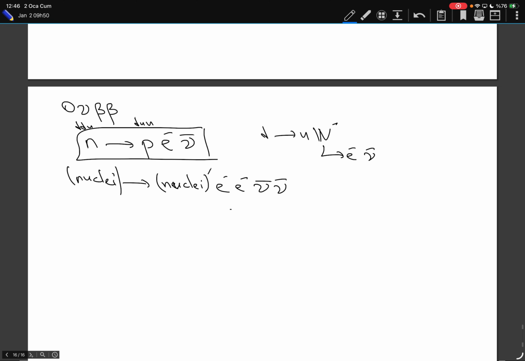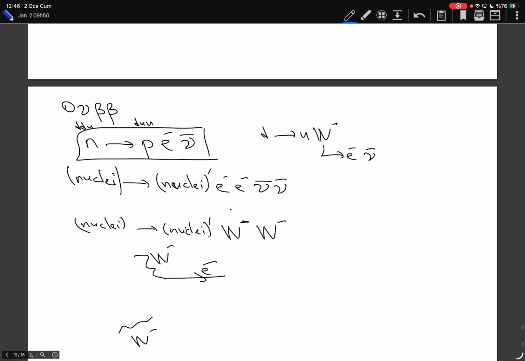So here you can have the nucleus transforming into a nucleus prime, emitting 2 omega minuses. I have 1 omega minus here, another omega minus here. Each omega minus decays into an electron and an antineutrino.